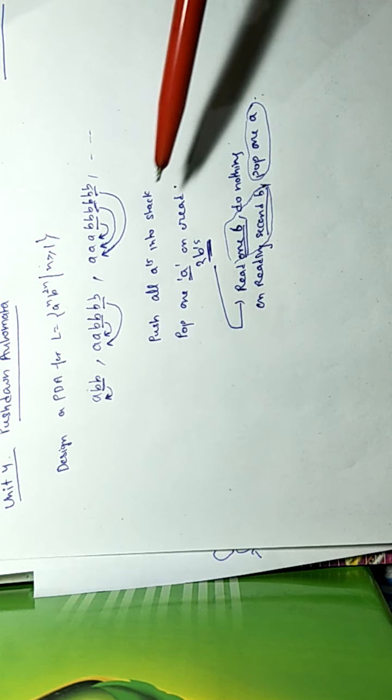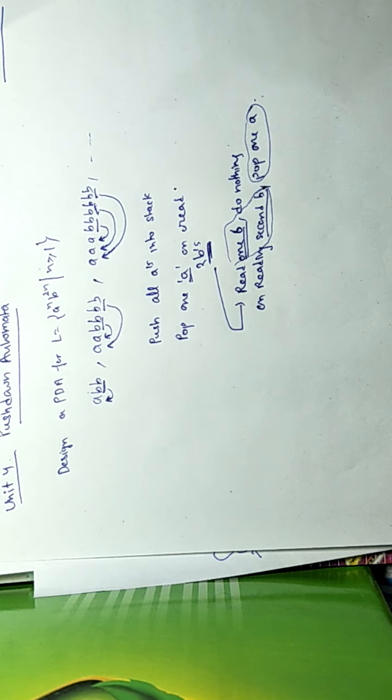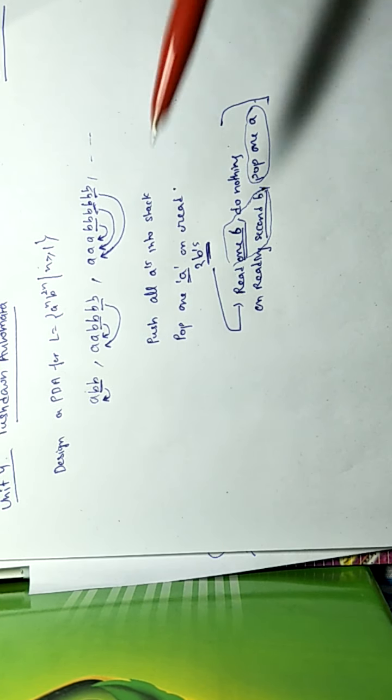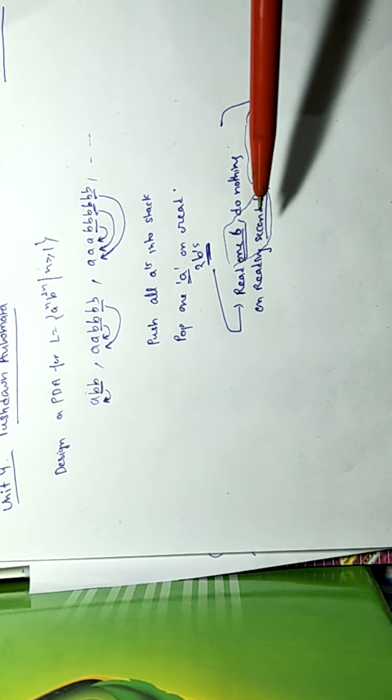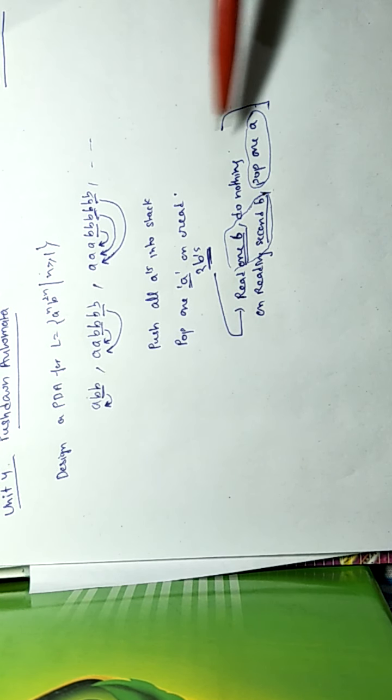In this way we can pop 1 a on reading 2 b's, and you can also do it as read 1 b and pop 1 a, read the second b and do nothing. It is your choice.